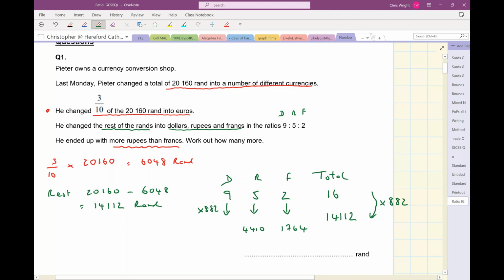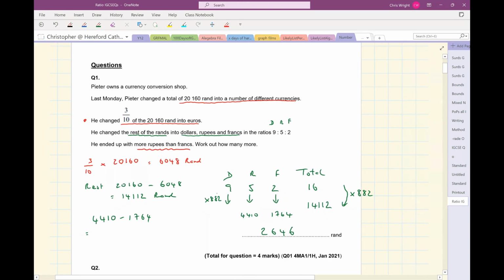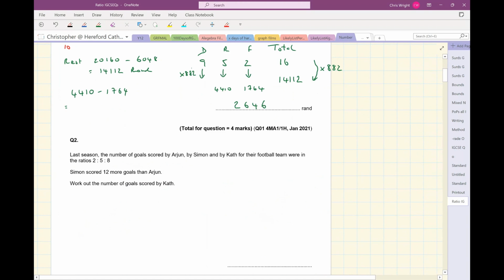So how many more rupees than francs? 4,410 minus 1,764 gives me an answer of 2,646.